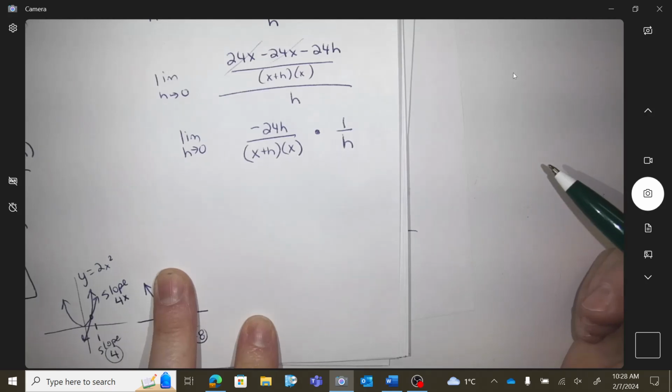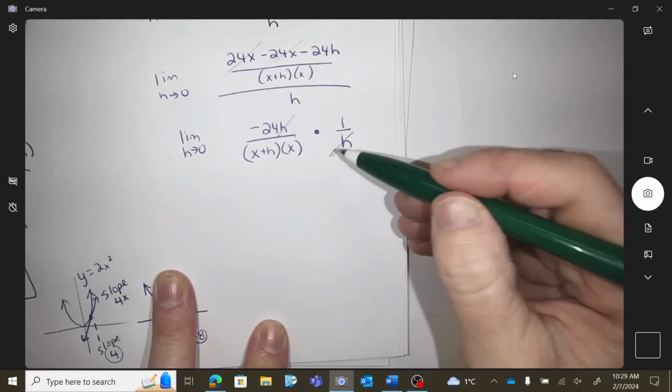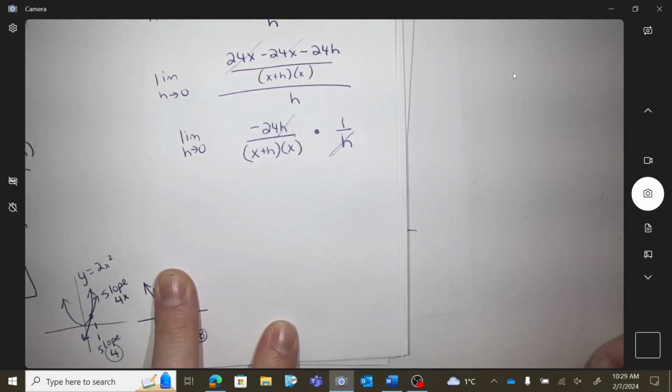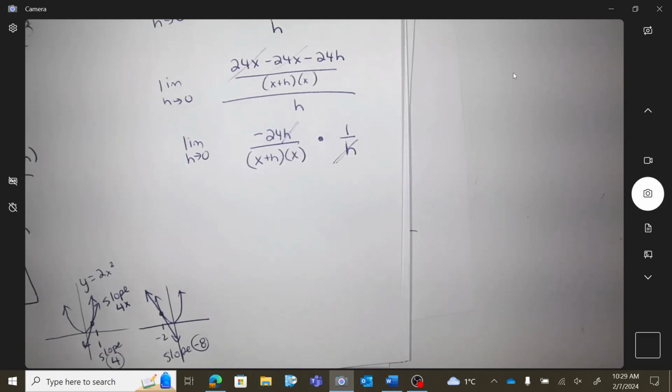And now, guess what? What can you do? You can cancel an h. Eventually, the whole process to this is always that you're going to have to cancel an h so that we get rid of that divide by 0, right?